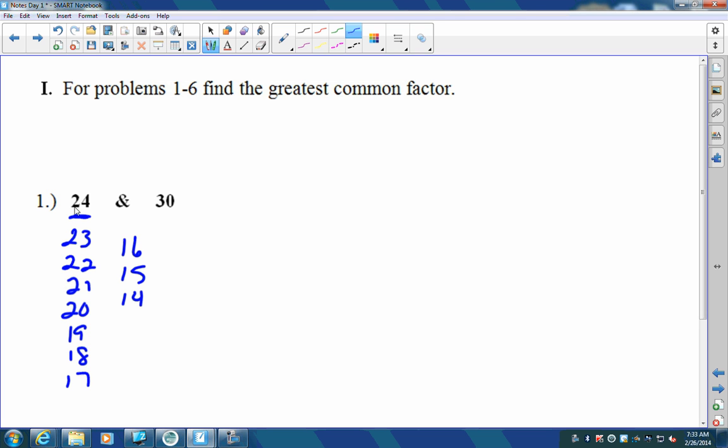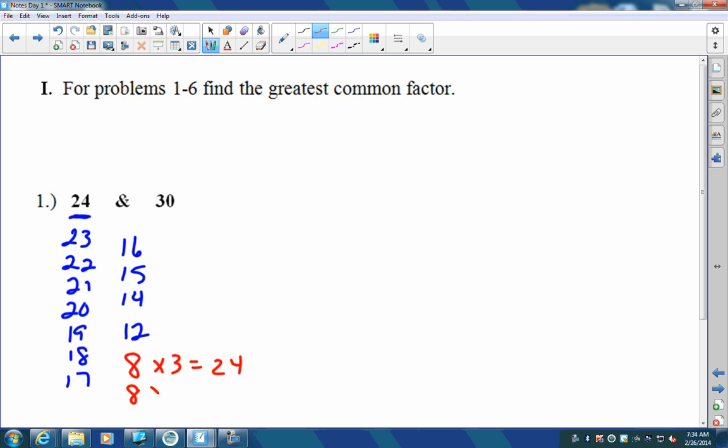I know that 12 multiplies to give me 24, but is there anything times 12 that gives me 30? No. So let's see what else gives me 24. The next number as I go down, there's a number before 6. Somebody said 6. 8. 8 times 3 gives me 24, right?